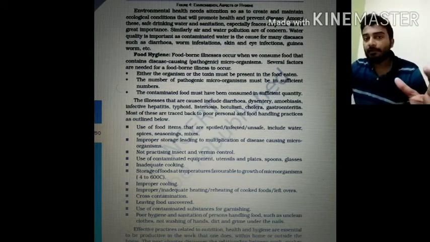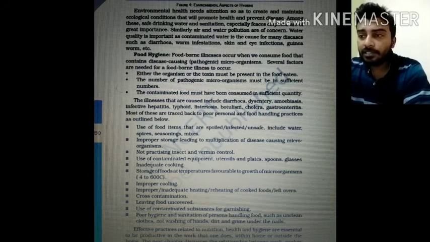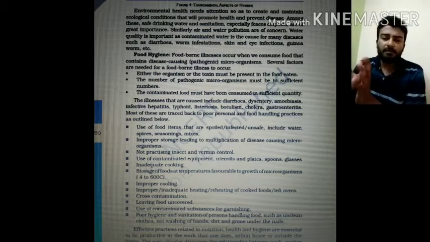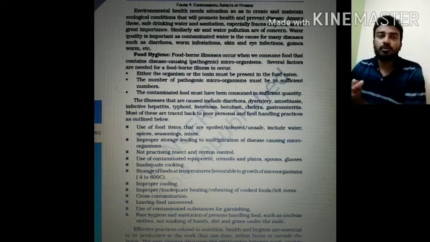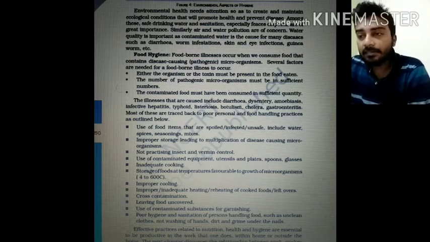A bit of that food will not do it. Now the illnesses that are caused include diarrhea, dysentery, amoebiasis, infective hepatitis, typhoid, listeriosis, botulism, cholera, gastroenteritis. These are the different foodborne illness diseases.